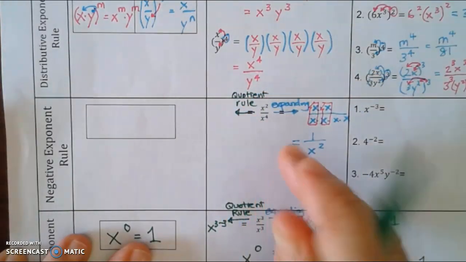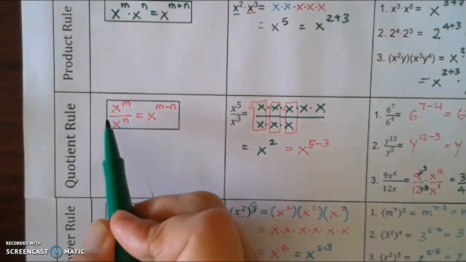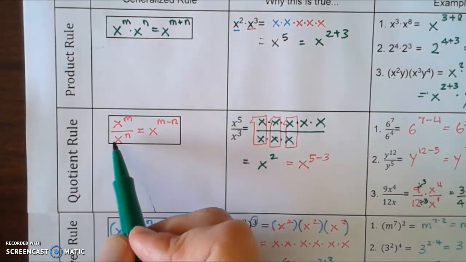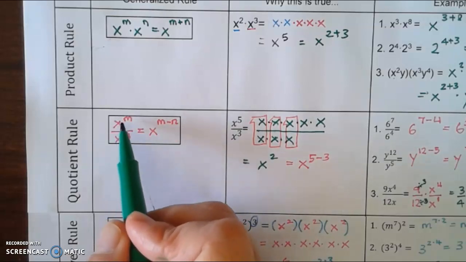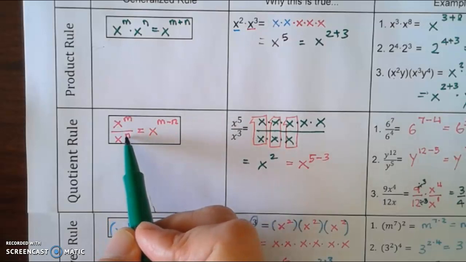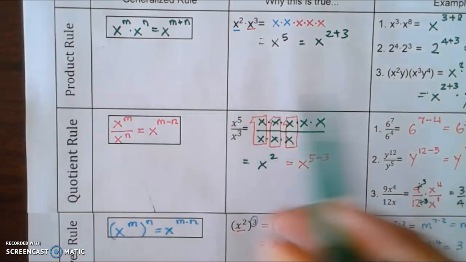Okay, again, using the quotient rule tells me if you are dividing some exponent expression by another exponent expression, when the bases are the same, you just need to subtract the denominator exponent from the numerator exponent.